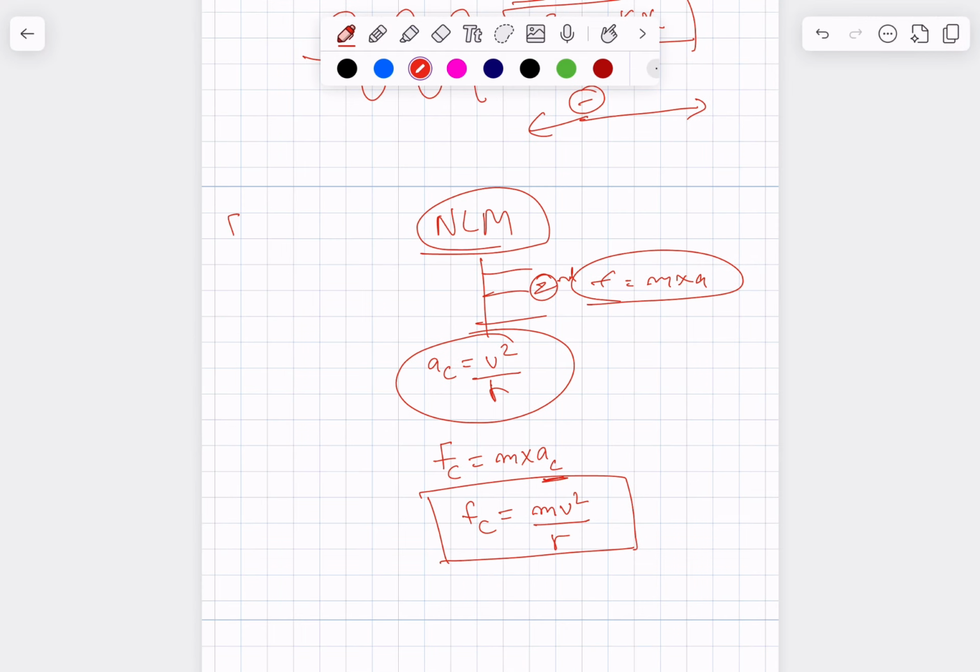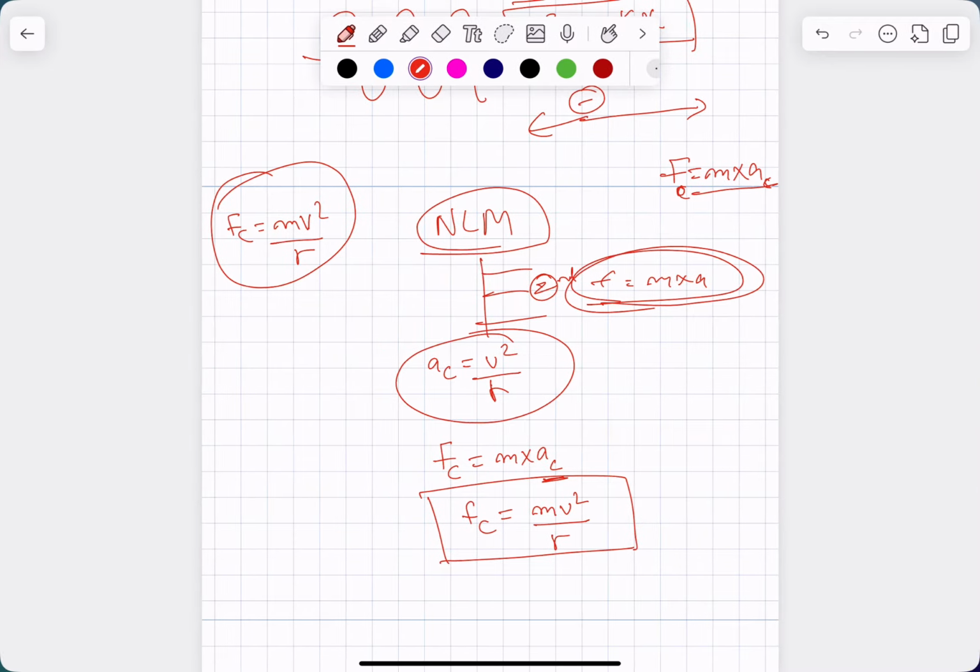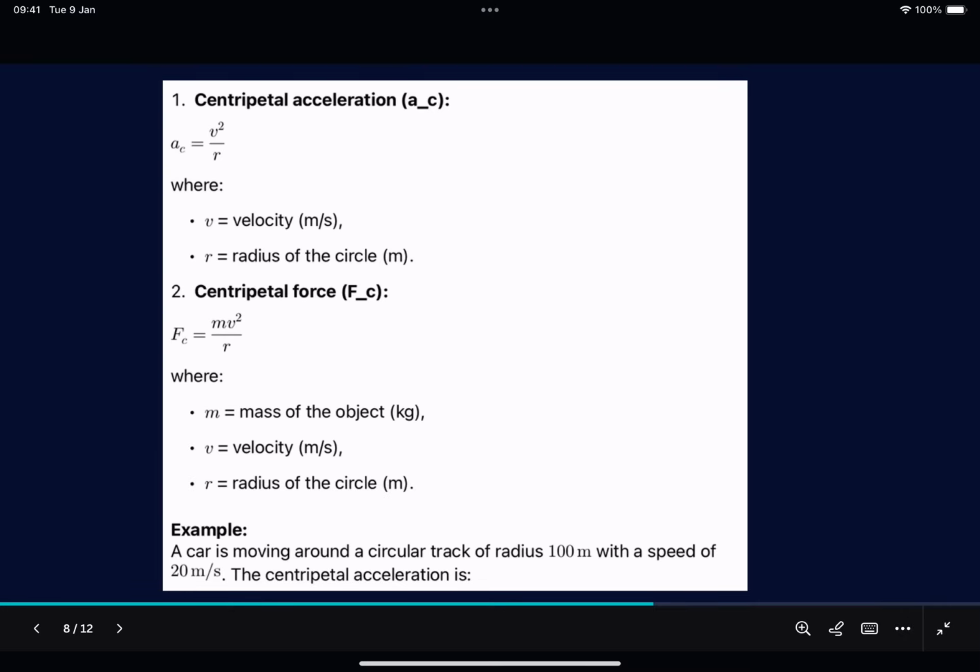So I'm writing here Fc is equal to mv square upon r. I told you where it came from: Newton's second law of motion, F equals m into a, and since we are calculating Fc, we put in the value of ac, and that is how we get the centripetal force. Here m is the mass of the object, v is the velocity, and r is the radius.